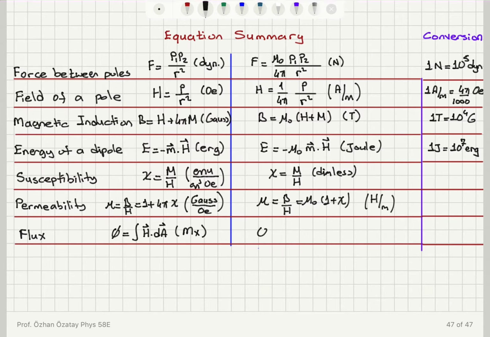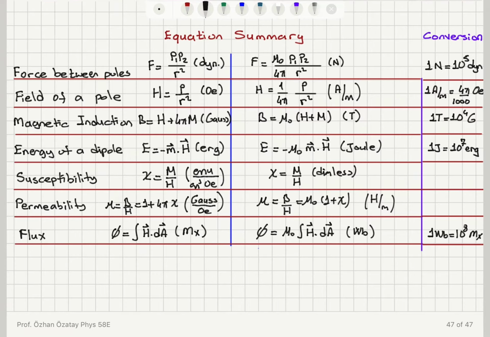The flux in SI is mu 0 integral H dot dA, and it's measured in Webers. And the conversion between Webers and Maxwells is that 1 Weber is 10 to 8 Maxwells.